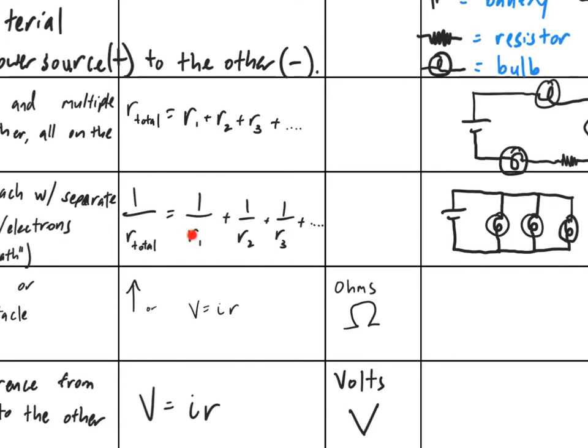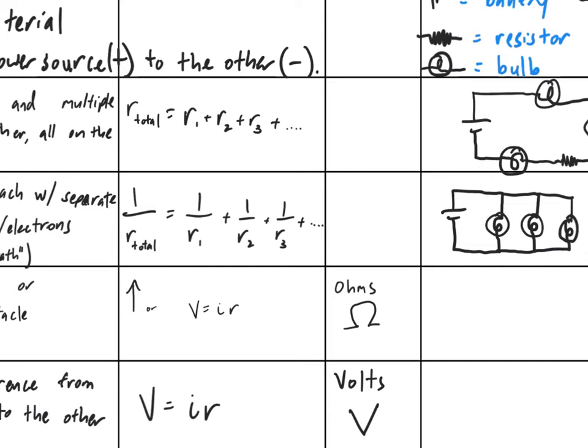I should have used a different value other than 1, but that's a total of 3. 3 equals 1 over some number, and in order to find that, I would have to invert it. So that number would be 1/3. So my total resistance is going to equal 1/3 for this circuit if each bulb equals 1.